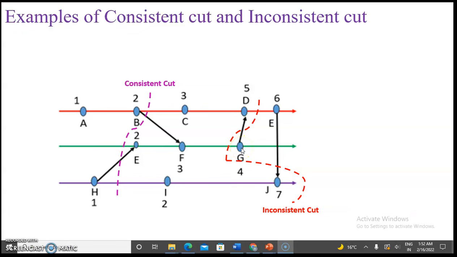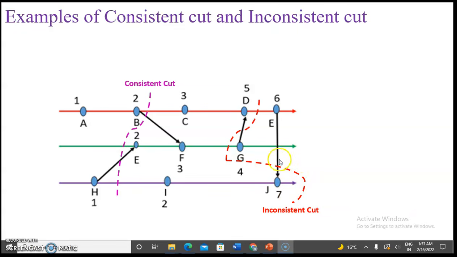So if sending is not inside the cut, how will the particular event be received? So this is inconsistent. Unless and until a message has been sent, it cannot be received. So the sending event should also be inside the cut, then only this cut will be consistent. Otherwise this is marked as inconsistent.